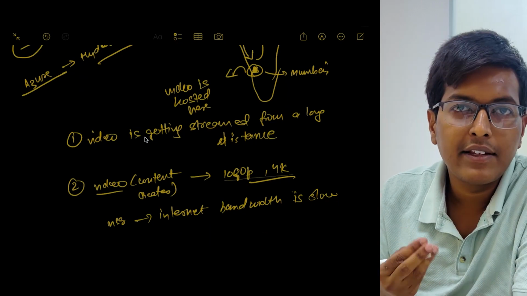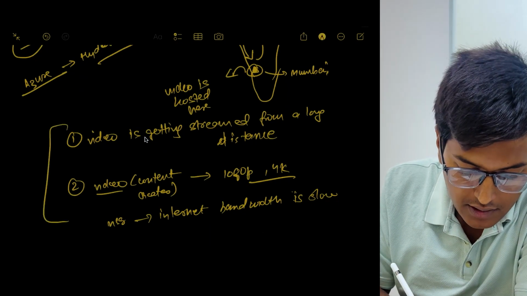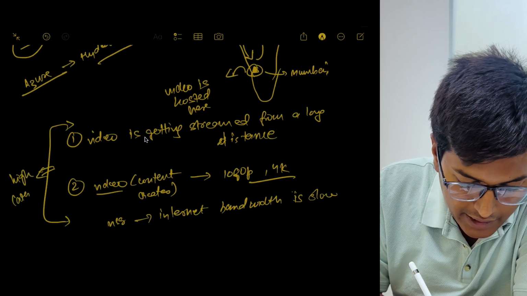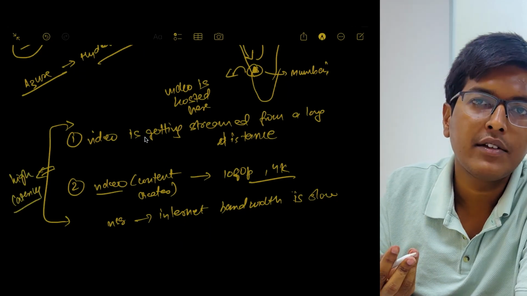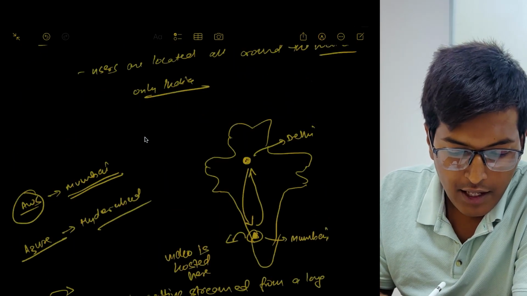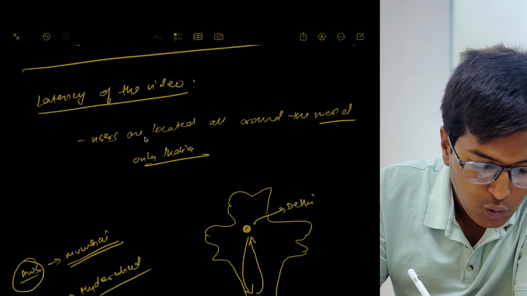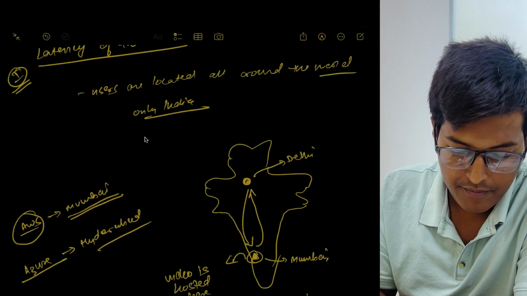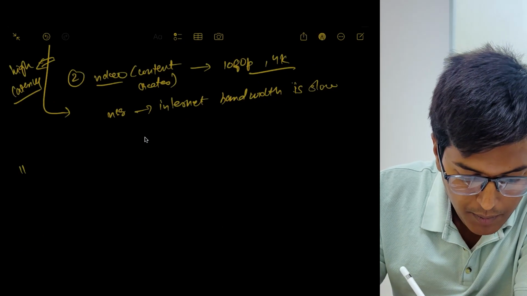That is another challenge which causes high latency at scale. Because at scale, you will see different types of users and different internet bandwidth that they have as of now. So this is the one problem that we will have to solve, the latency problem when we talk about scale.